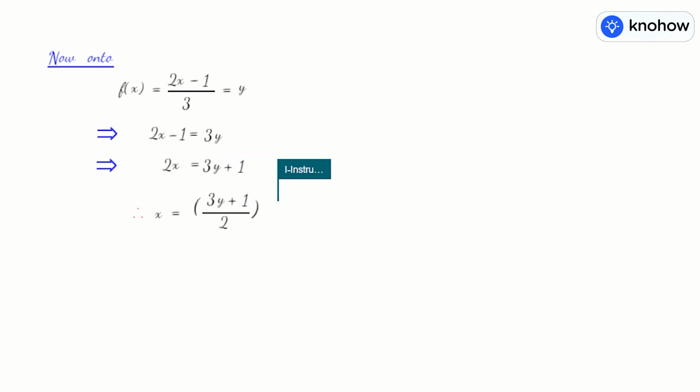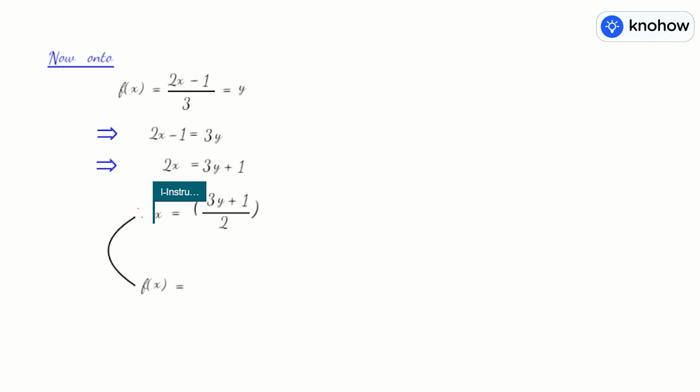So to each value of y in the range, we can find out a value of x in the domain such that f(x) is equal to y. Let me verify. For this value of x, let me find again f(x), just to confirm. f(x), where x is (3y plus 1) by 2.